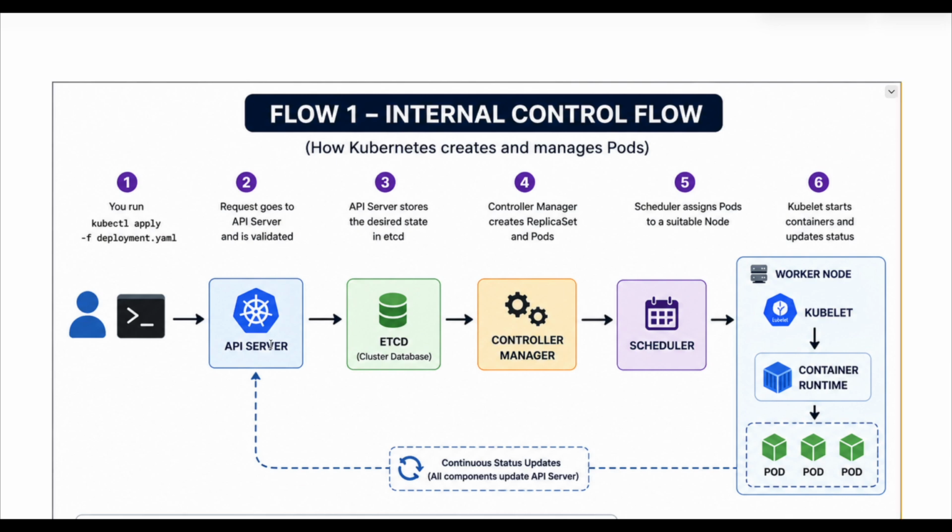The API server validates the request and stores the desired state in etcd. etcd now contains what we want and how the system should look like. This is called the desired state.